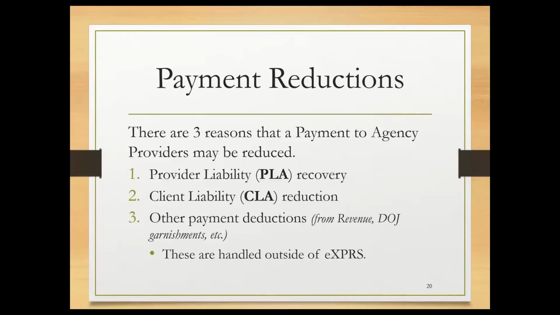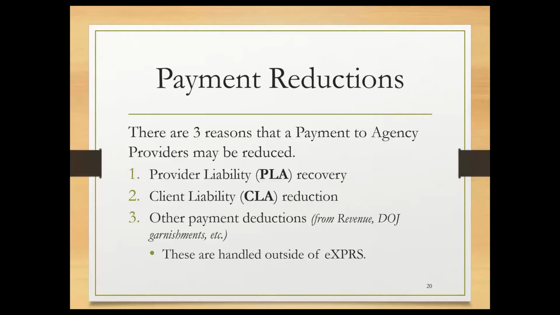For individuals that live in group home or supported living services, depending on their financial eligibility status, the client may have a liability or a service contribution that they have to pay towards the cost of their residential care. Agency providers, you may also know this as the offset, but it's the Medicaid required amount that an individual pays based on their financial eligibility.